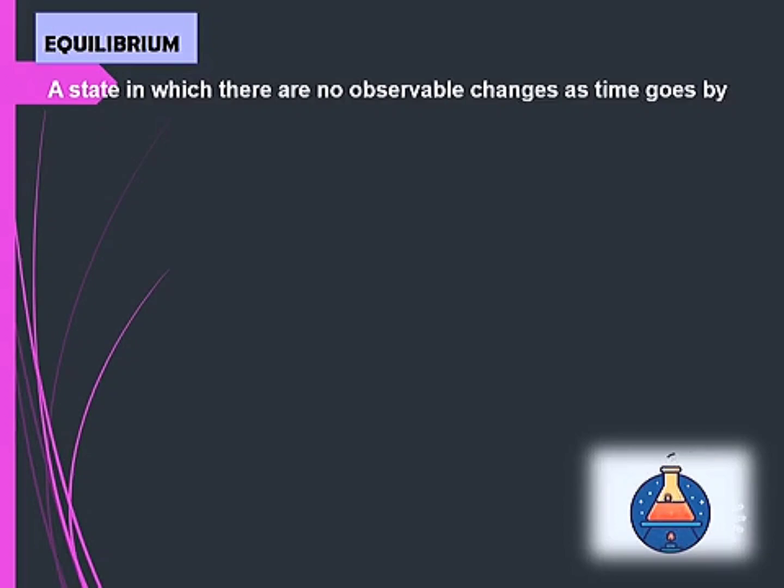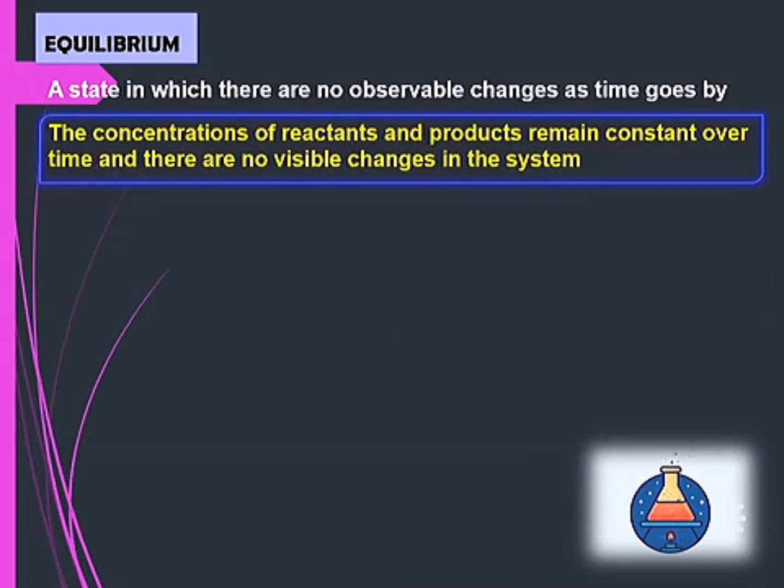Okay, so tidak ada perubahan kepada concentration reactant or product tersebut. Alright, so dia dah mencapai equilibrium state. Okay, so the concentration of reactant and product remain constant over time and there are no visible change in the system. No more change. So dia dah constant. So this is the equilibrium.